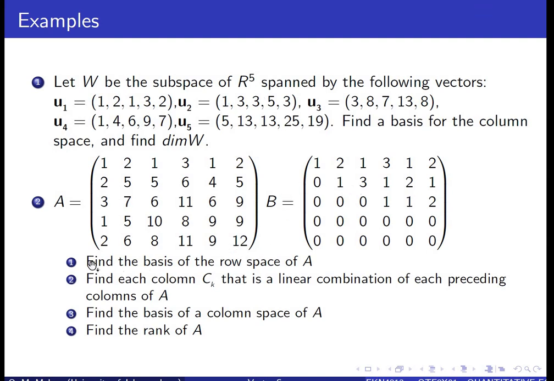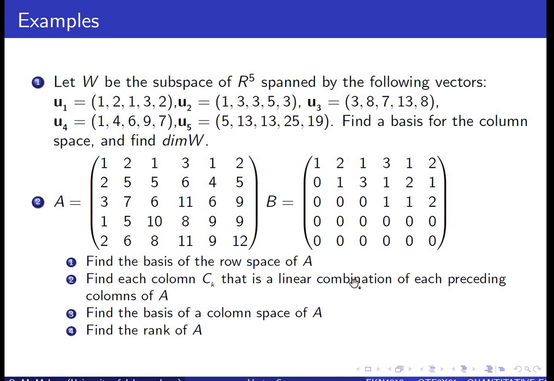What we do here, I have reduced the system for you. What you need to do is find the basis of the row space of A. Once my system is reduced to echelon form, the rows that form a basis are the non-zero rows. In this case, my non-zero rows correspond to the original matrix.